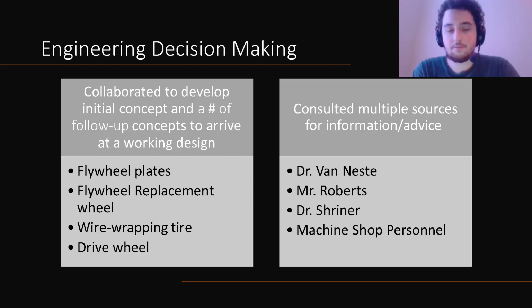We started off thinking of putting aluminum plates on each side of the bike tire, basically creating a flywheel, and then applying the torque to those aluminum plates. But after consulting with Dr. Van Nest, it was determined that this wouldn't work, as the bike tire wouldn't generate enough speed, and this design just wouldn't produce enough torque to really work at all.